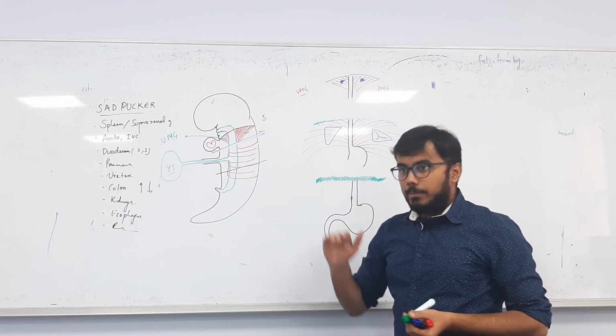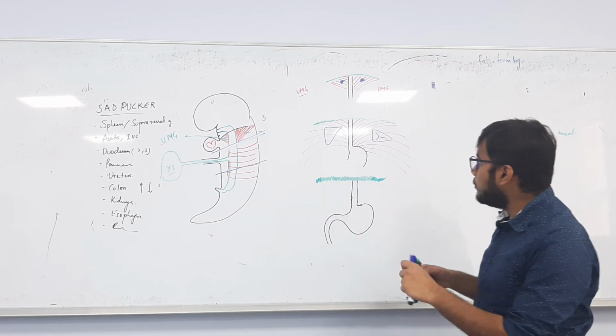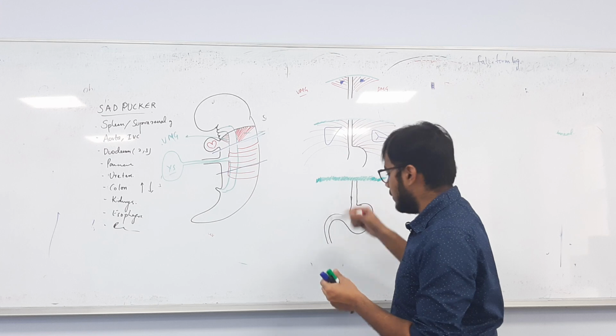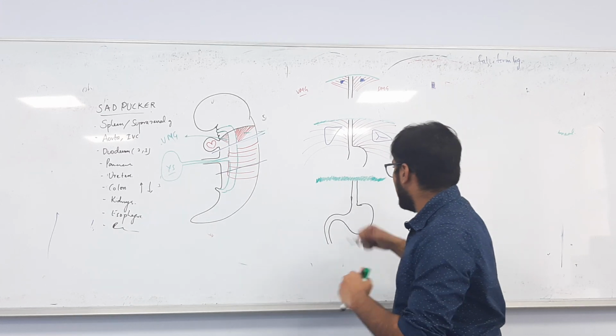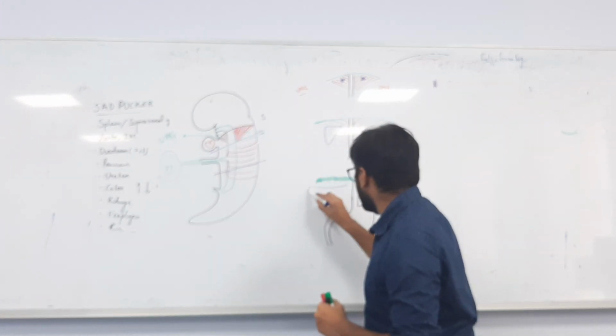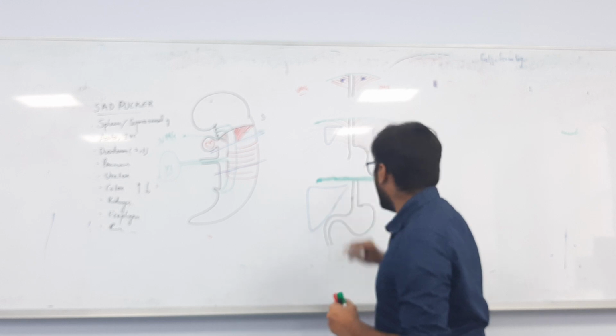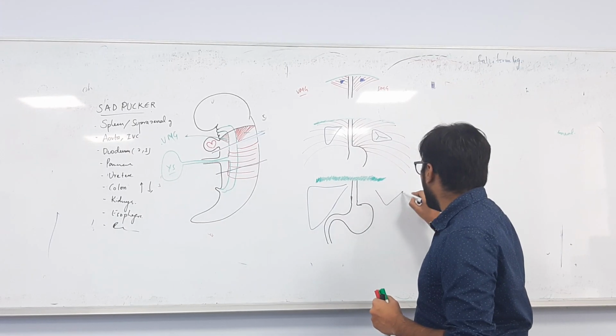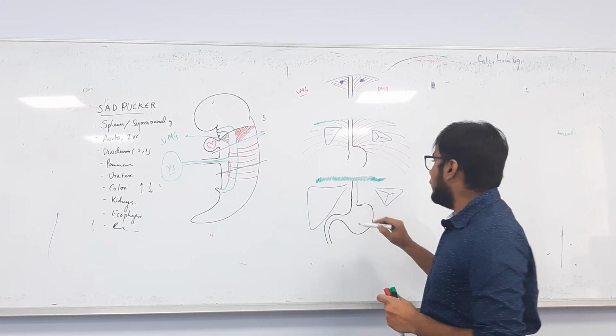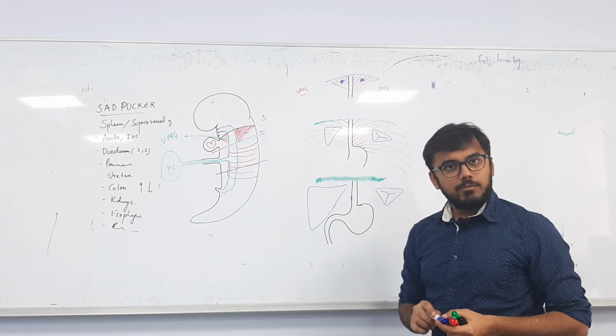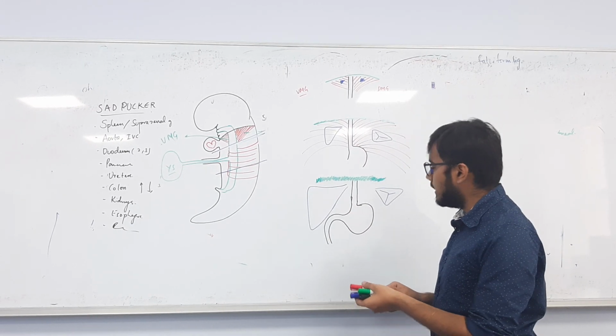Clear? Now below the diaphragm, under the roof of the diaphragm, you have your liver over here, and you have your spleen over here. We'll talk about the development of each and every organ in the next embryology classes.